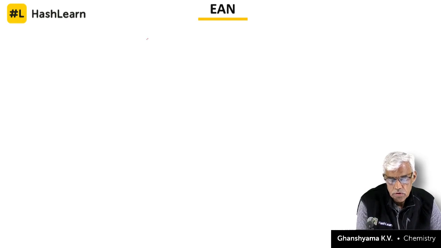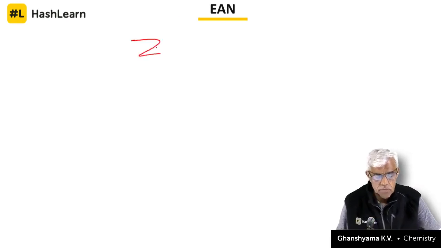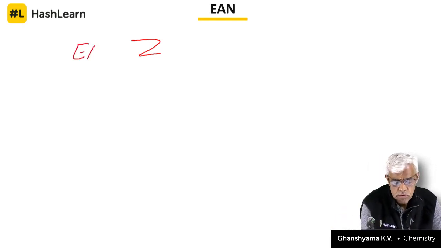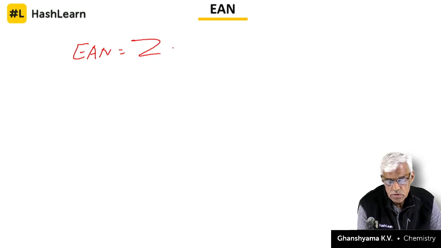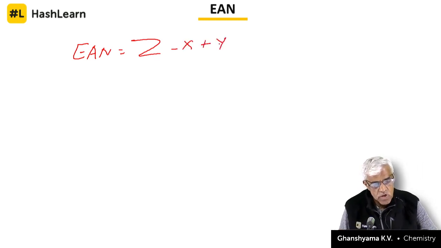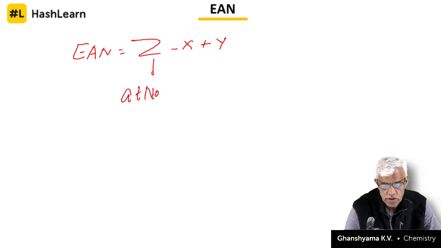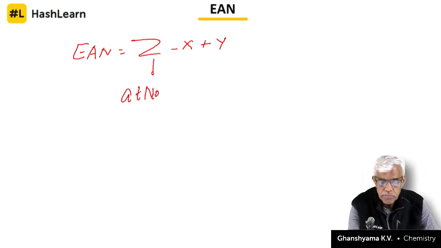Right. See, EAN can be calculated by using the equation EAN is equal to Z minus X plus Y. What is this Z? Atomic number of the central metal.